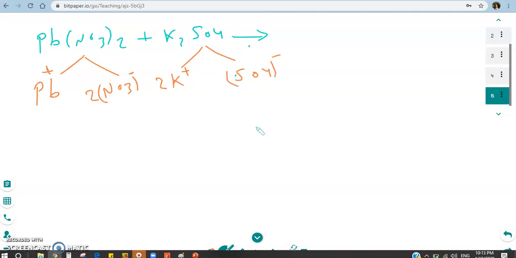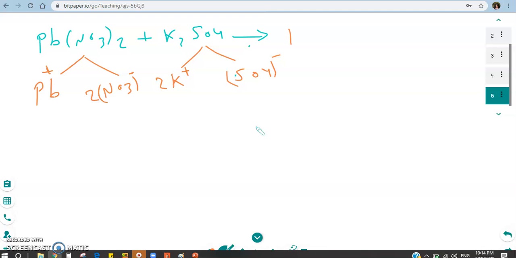And then they will exchange their ions. If you try to remember the types of reaction, think about the type of reaction where the two molecules exchange their ions.